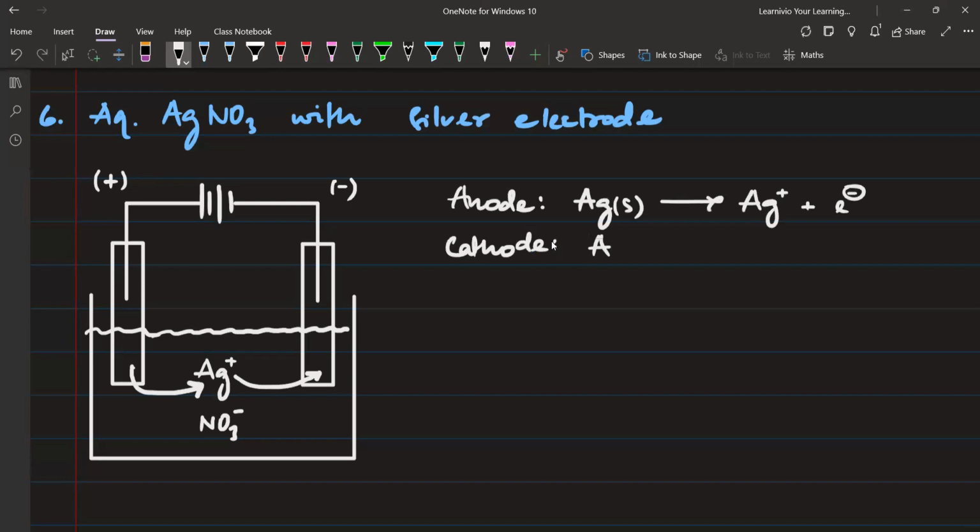In the cathode, the Ag positive from the solution will get converted to Ag by the addition of one electron. This is very useful for the purification of Ag. I'm writing this electrode in green, showing that this is impure silver. This is pure silver.